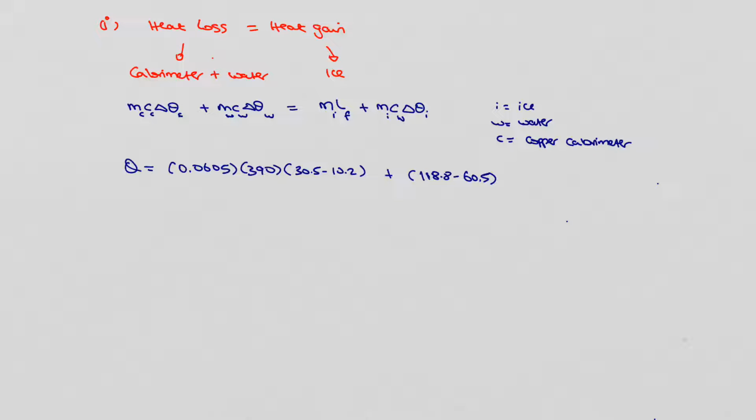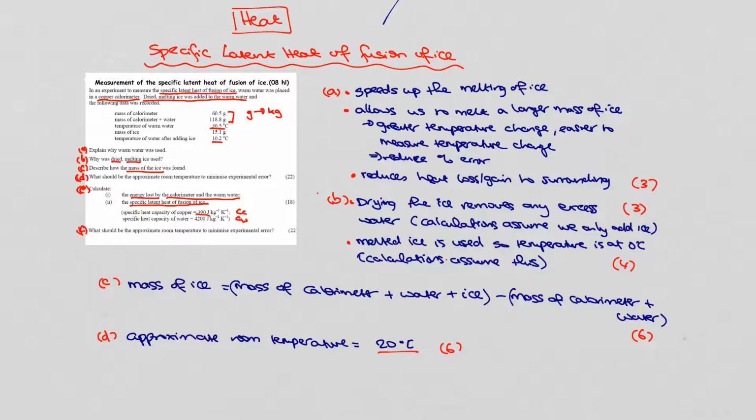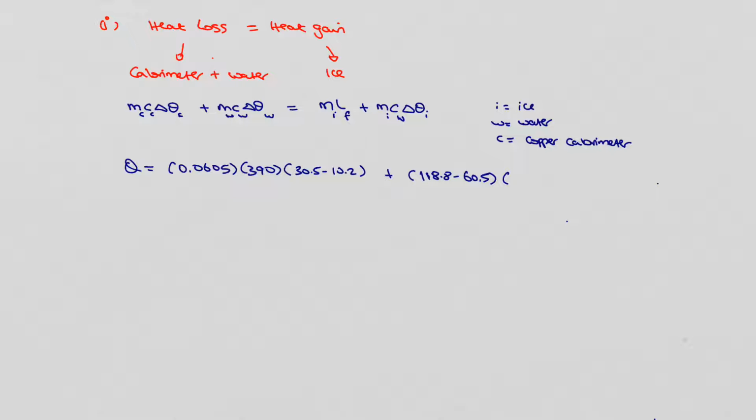And that'll be the mass of the water by our specific heat capacity of water. And again, in this particular question, it's given to us as 4,200. So a lot of the times in our books, we're using 4,180. So they've actually rounded it to two significant figures here for that particular year. So again, don't assume, always check what they are giving you each year. Could be subtly different. And again, our change in temperature is 30.5 minus 10.2.